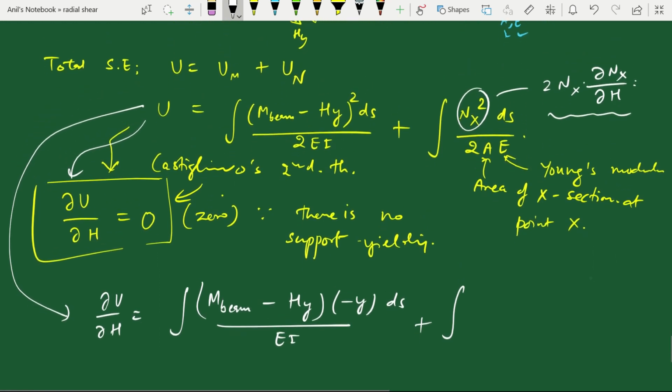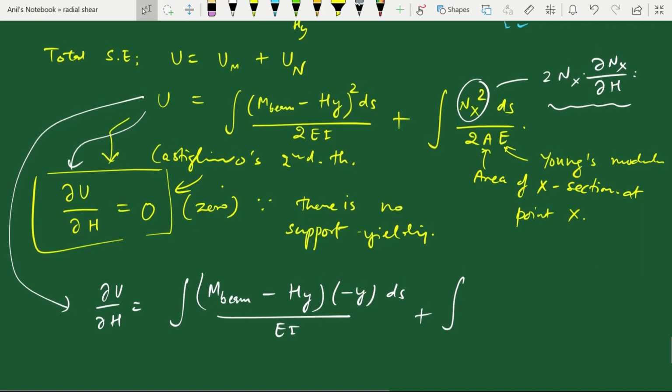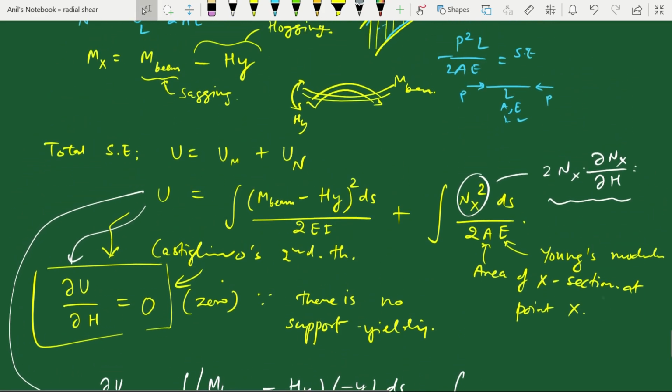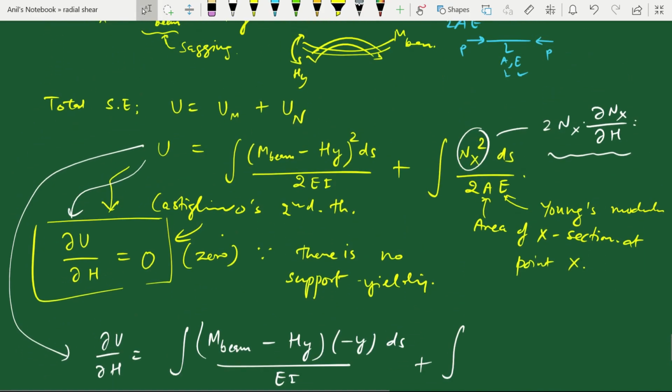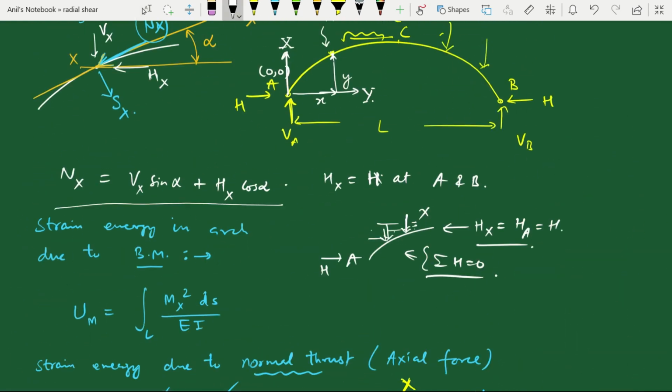So Vx will be treated as constant and H will be treated as variable.